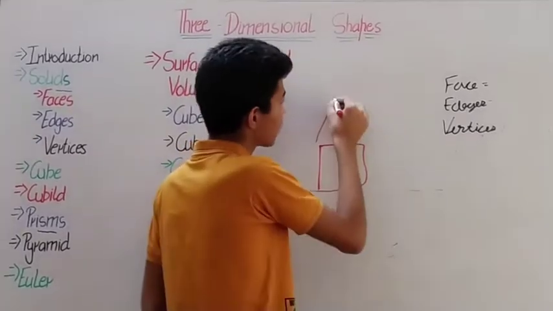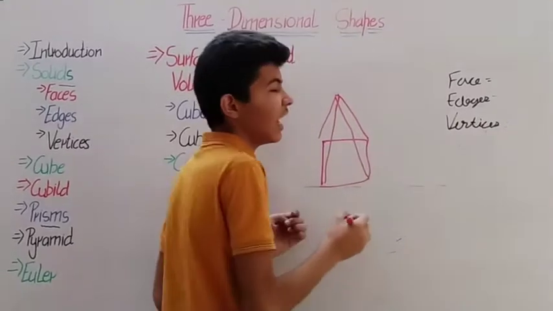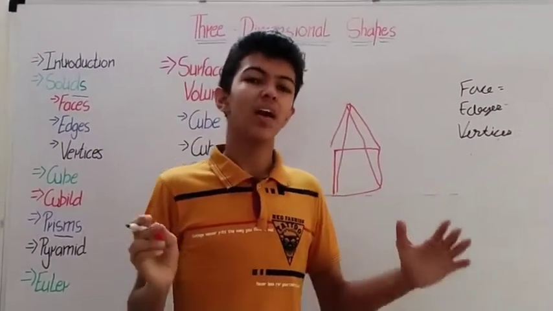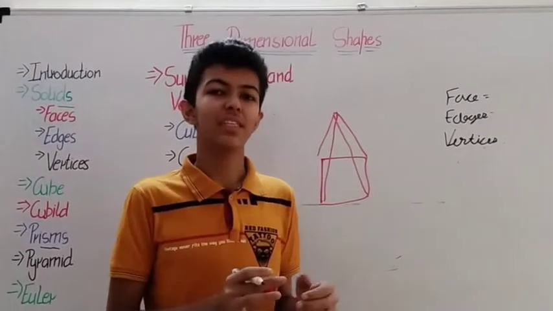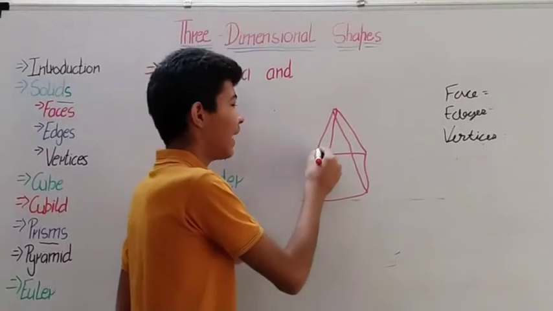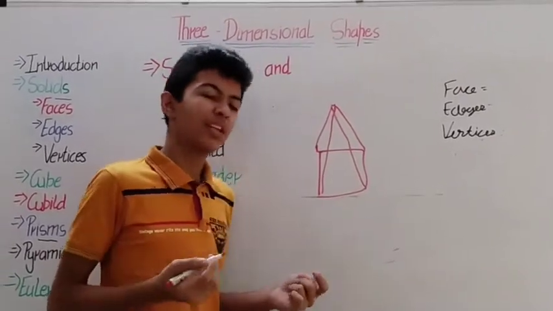These types are known as pyramids. As you see in the pyramid of Giza, it has a square bottom face, and all its side faces are triangles. So you can take any base.